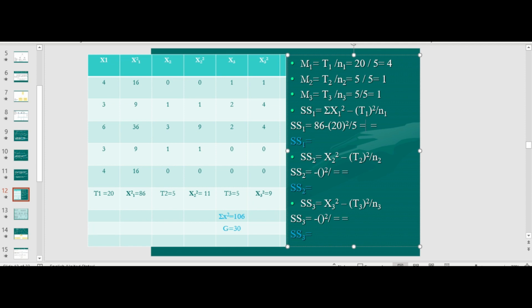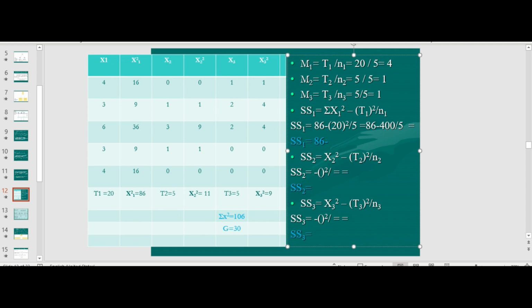Okay, 86 minus 400 divided by 5, and 86 minus 80.